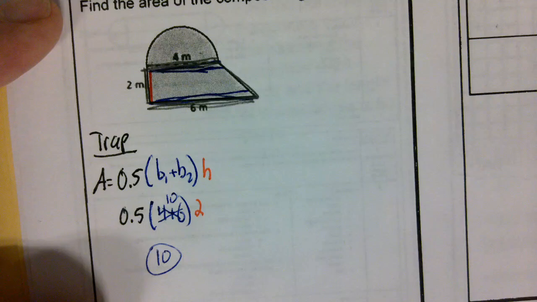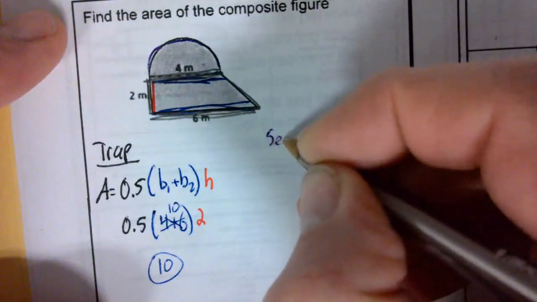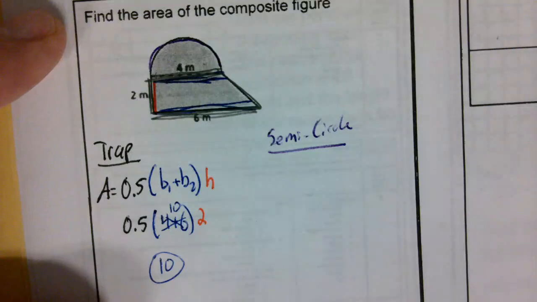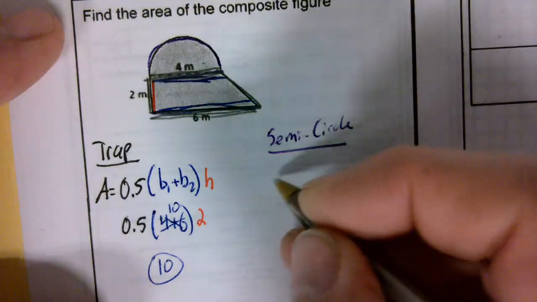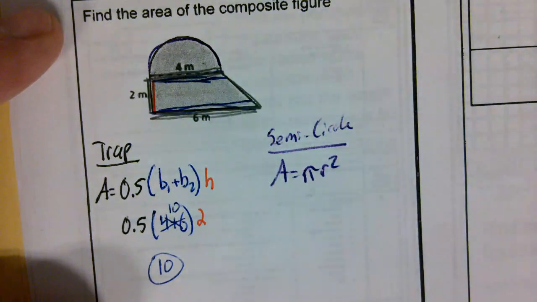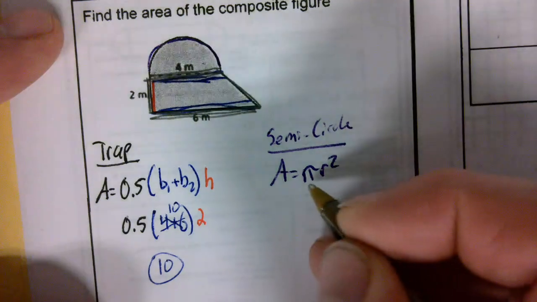And the next shape then is this bubble. That's not a bubble, it's a semicircle. Go ahead and put down semicircle. And now that we've got that, again, write down the formula for the area of a circle. A equals pi r squared. But do we have a full circle? No, it's a semicircle. That's why we wrote that down. Since it's a semicircle, that means it's half a circle.